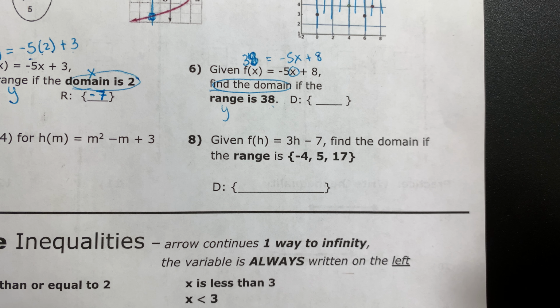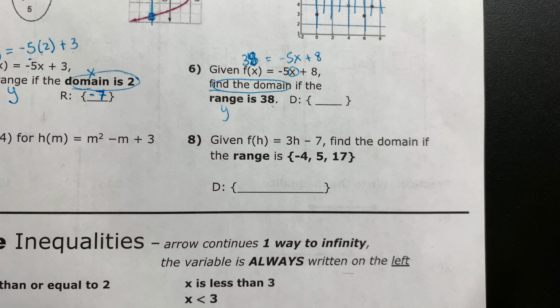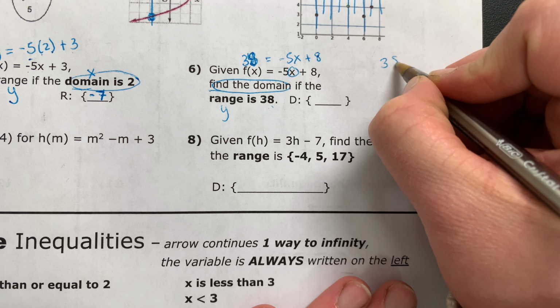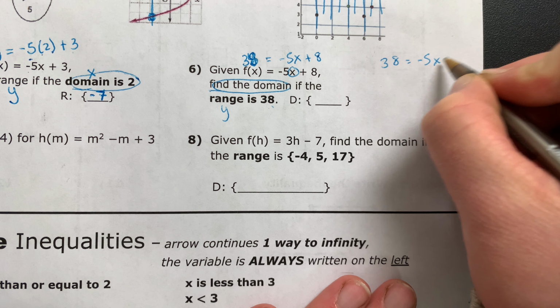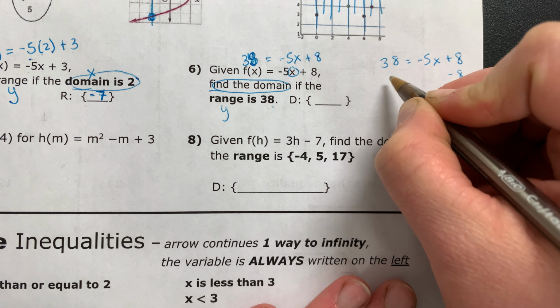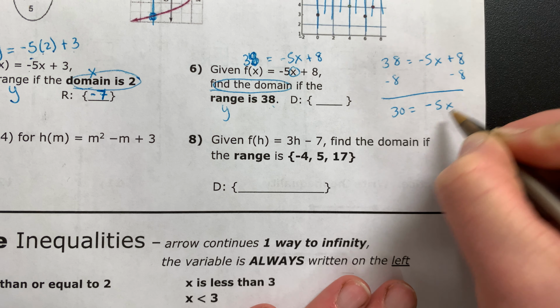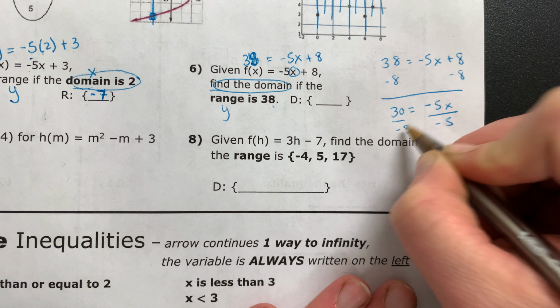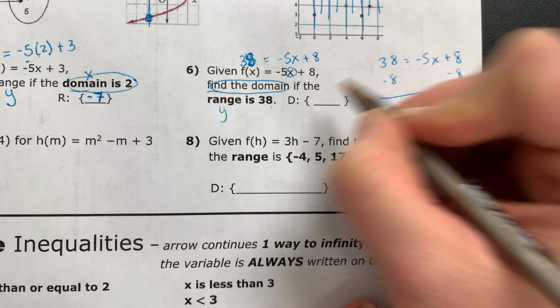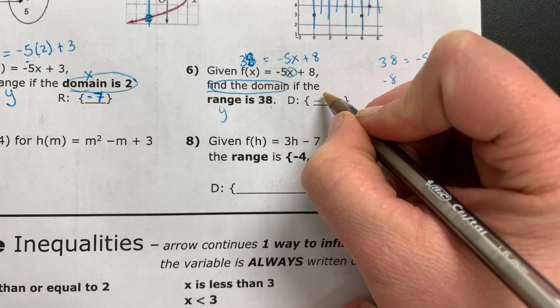Now I have to solve. I want you to go ahead and solve this and find out what our domain is. All right, so when we solve this, I would minus my 8 over. Now I have 30 equals -5x, divide by -5, and my domain, my x, is -6.